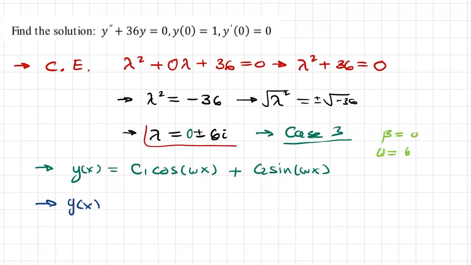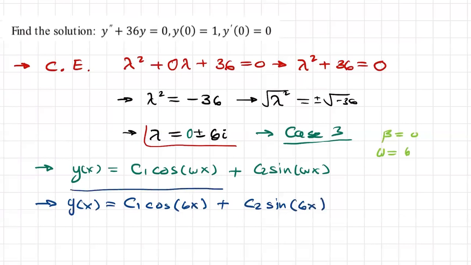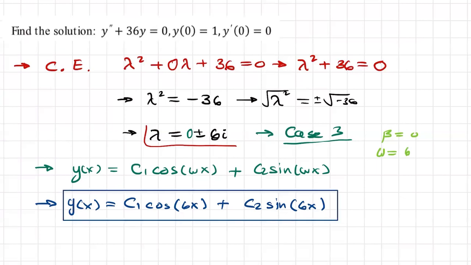So y of x is equal to c1 cosine of 6x, just 6x, plus c2 sine of 6x. Once again, nothing else. That's it. We're just focusing on the numbers. And this is the general solution for this specific problem.